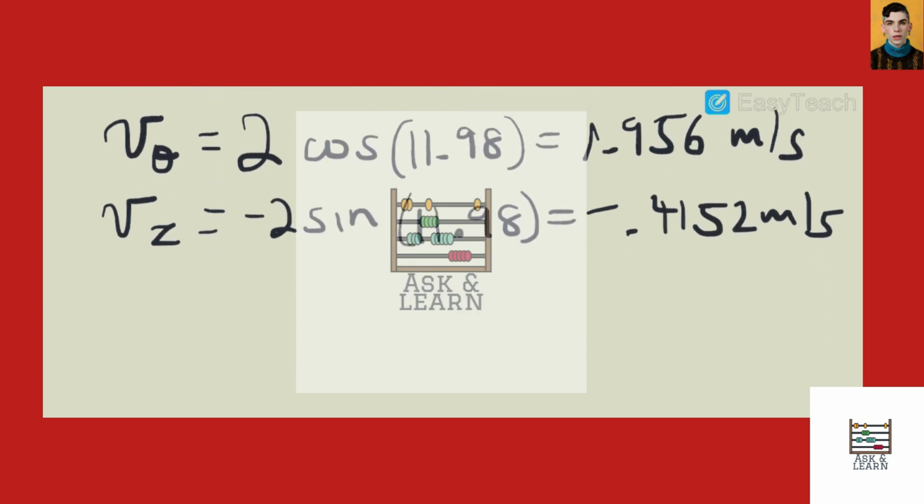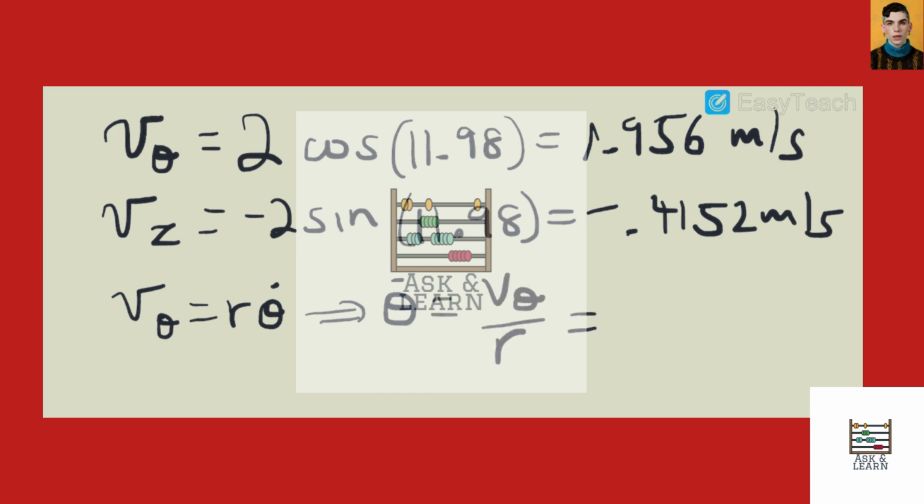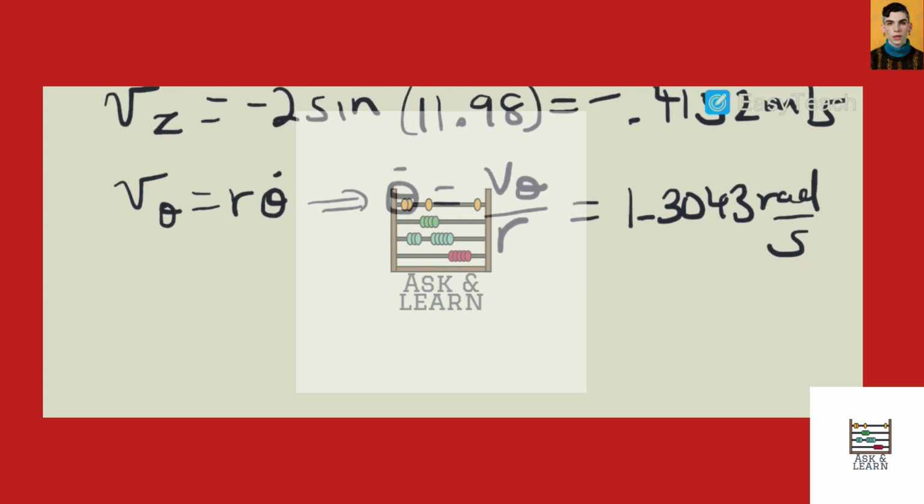Next, we can say that v theta is equal to r theta dot. Therefore, theta dot is equal to v theta over r, which gives us a theta dot equal to 1.3043 radians per second. We can use this piece of information with our theta dot to solve for our net force in the radial direction.